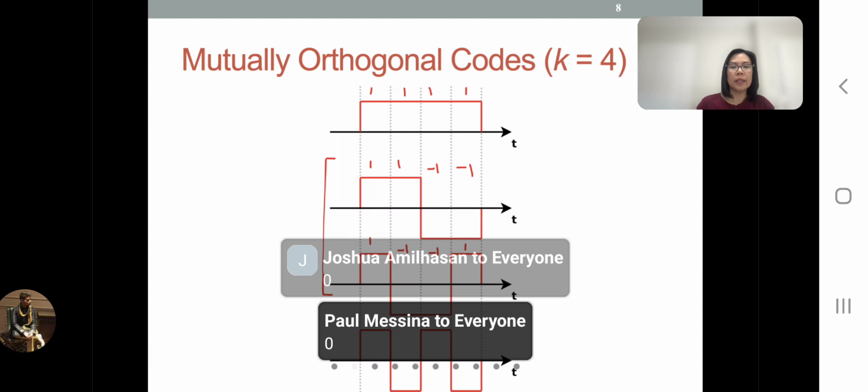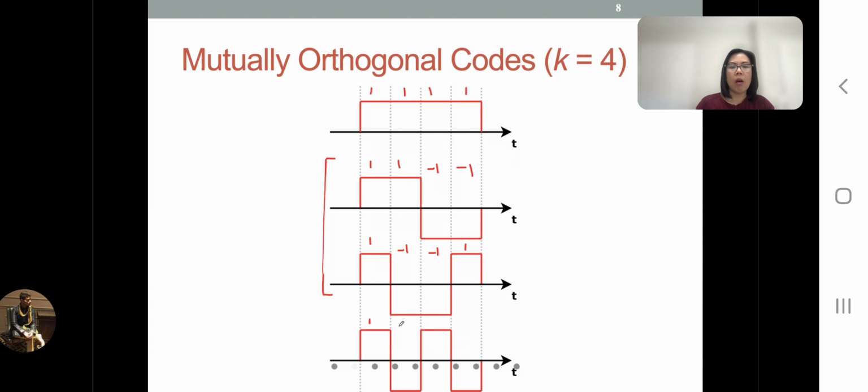If we keep doing this for every pair of codes on this page, you see that you get the dot product 0. So these 4 vectors are mutually orthogonal to each other, and that's what we need in a CDMA system. Every user must have a code that is orthogonal to the other users' codes.